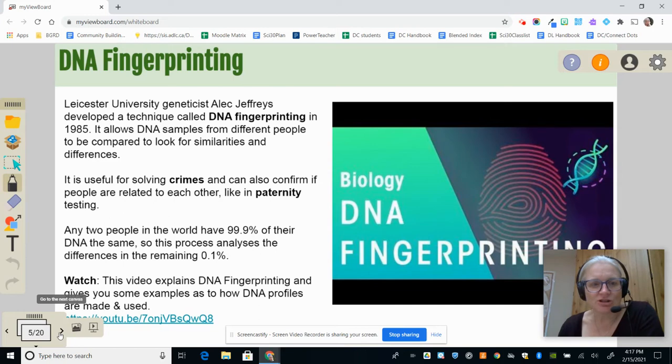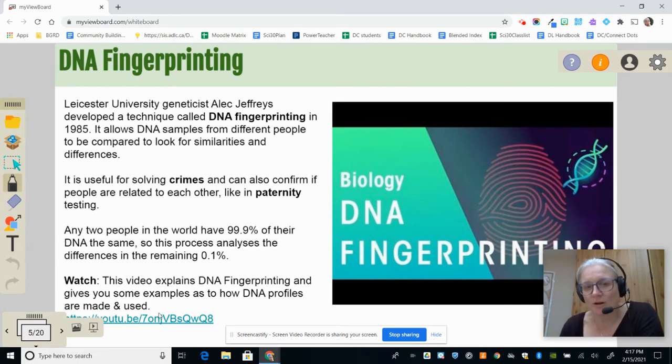So the first genetic technology we're looking at is DNA fingerprinting. This was developed back in 1985, and it allows you to take DNA samples from different people and compare them to look for similarities and differences. It has been used to solve crimes and also in paternity testing, figuring out who the parents are.